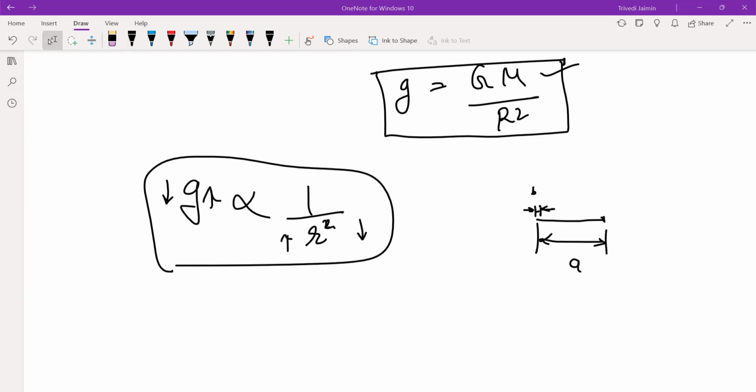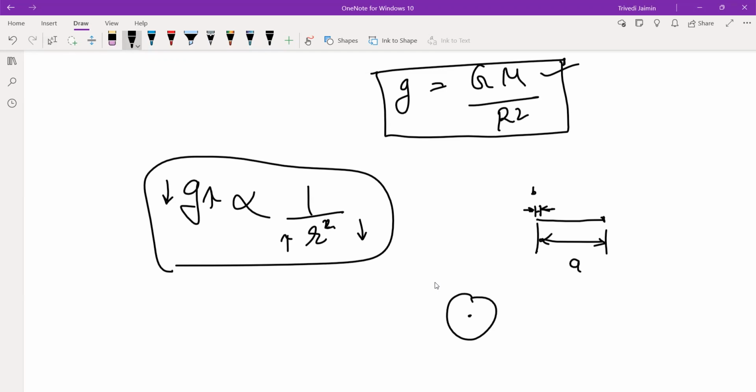What do you think then? Maximum. Or it might be zero also. Why? Sir, it might be zero also. If I am exactly at the center, then there is no distance, that means the R value itself is zero, that means g will be zero.